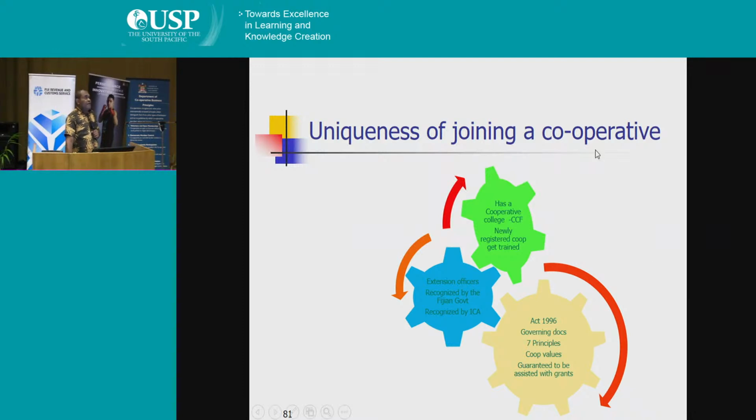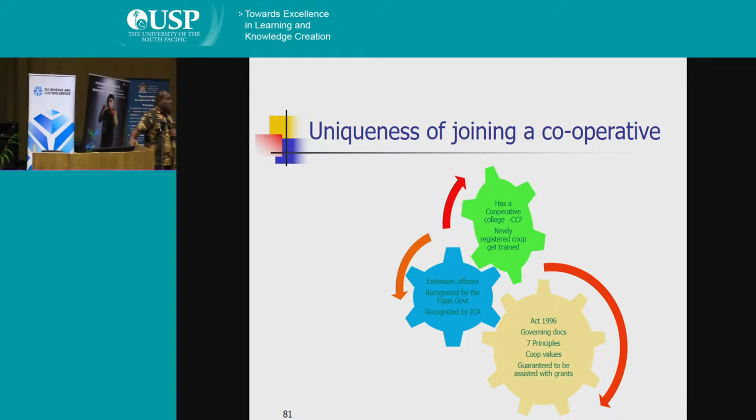We have a national body in Fiji called the National Cooperative Federation, an umbrella of the national body. Once you get registered, you are known in Fiji. And we have the international body, International Cooperative Alliance, ICA.